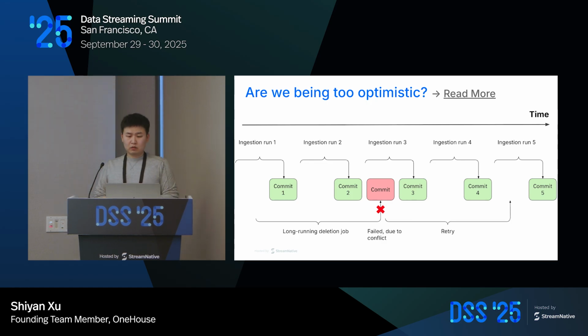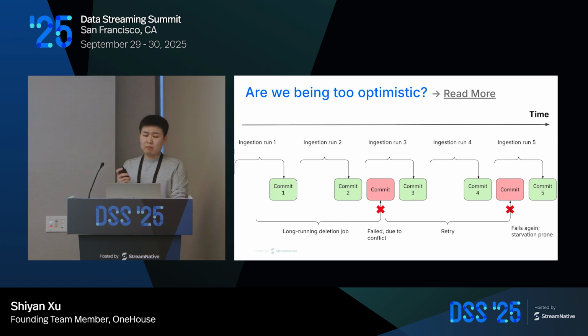Let's look more closely at how OCC works. Conflicts happen when multiple writers make updates on the same file group, as shown in the red boxes. By using OCC, writers will need to acquire a lock and check for conflicts before committing the write transactions. Let's say writer 1 grabs the lock first.